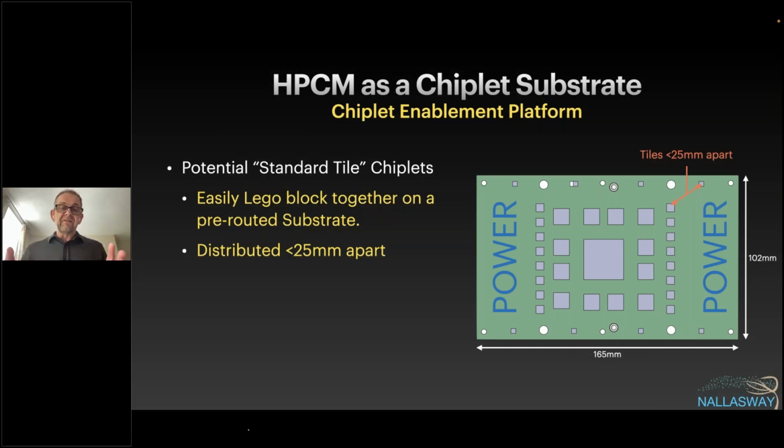We could almost have a Lego block approach to putting people's chiplets down on what could be a pre-routed substrate. So it could be a substrate with a bunch of little links, and depending on what size Lego block tiles you put down, you could mix and match and connect big and little chiplets together. And as long as you obeyed the rules of less than 25 millimeters apart, based on the bunch of wire spec being able to have a reach of 25 millimeters, we should be in good shape.